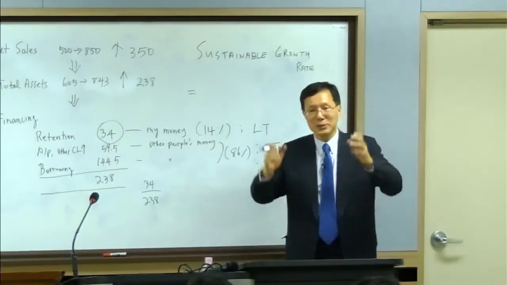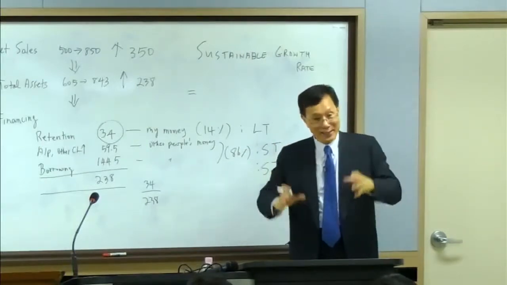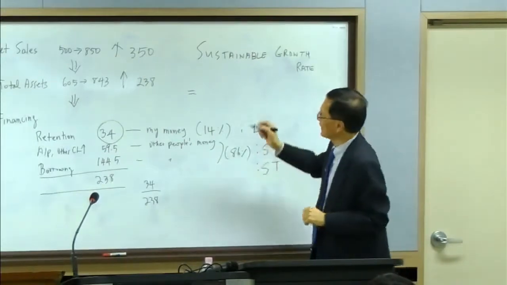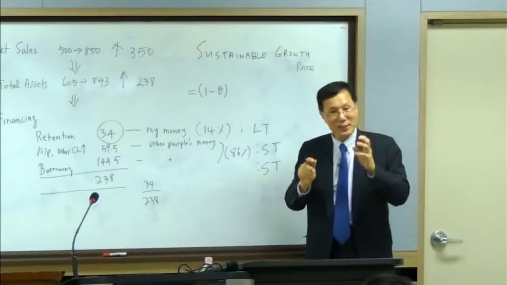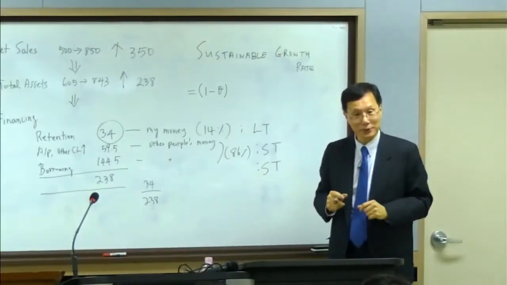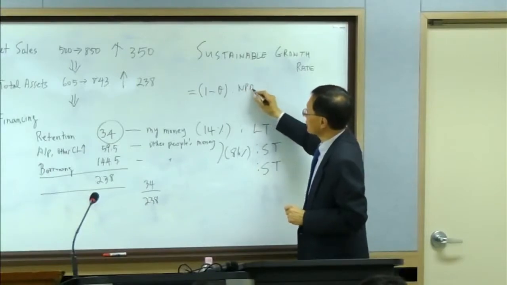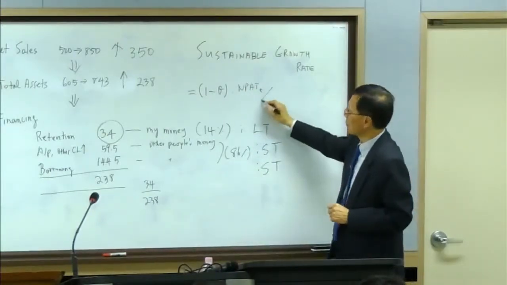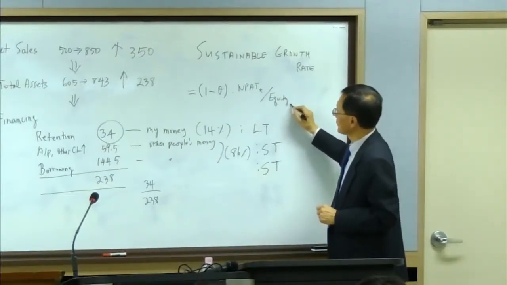Don't ask me why it is computed this way. Just take it for granted, okay? 1 minus theta. Theta is dividend payout ratio, times net profit after tax during time period T divided by equity at T minus 1.